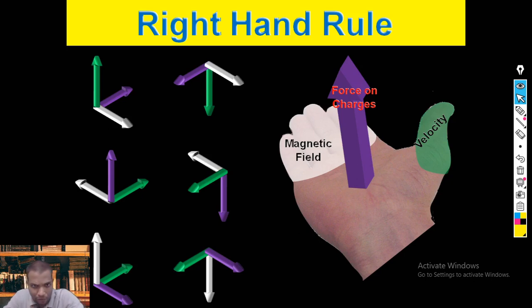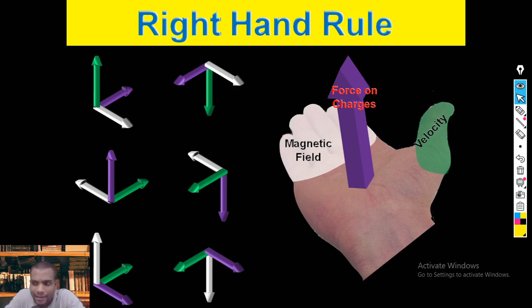Always follow any one of the rules which makes it very easy to apply, and try to keep your hand in such a direction in the given magnetic field. Then the rest of the two will follow by themselves.